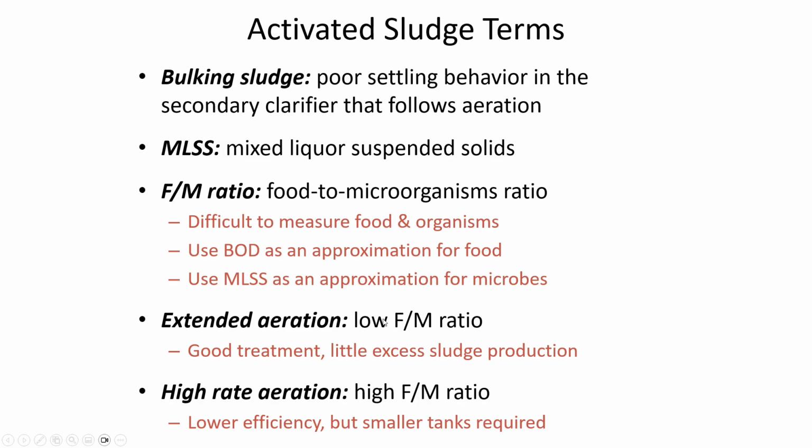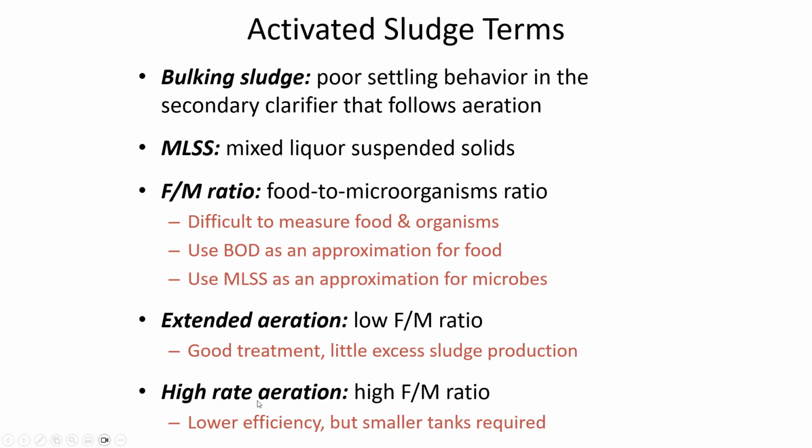To achieve that, you'd have to recirculate the sludge a lot because you'd be bringing up the concentration of M. To achieve the low F to M ratio, you boost the M by recirculating a lot of the sludge. So that'd take a long time to break down all the BOD.